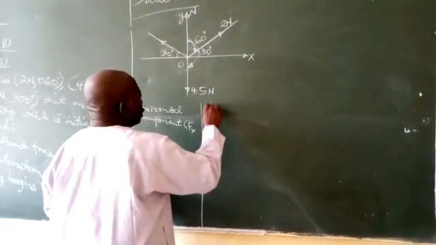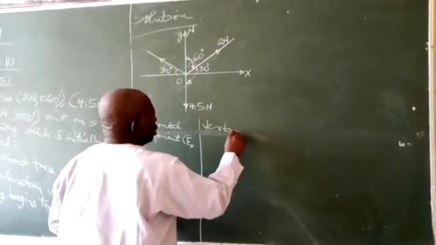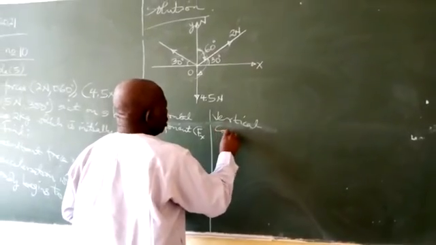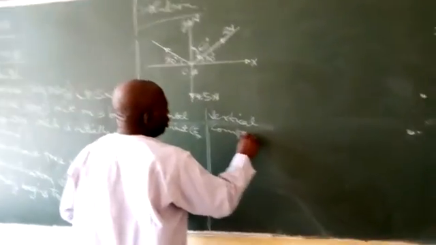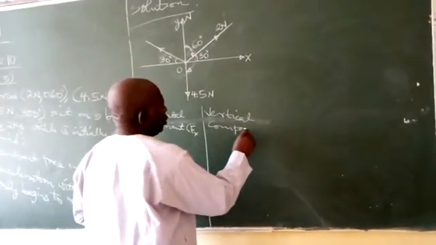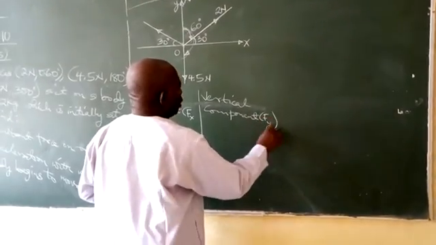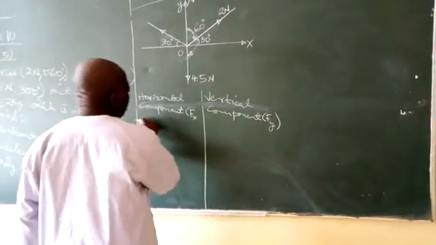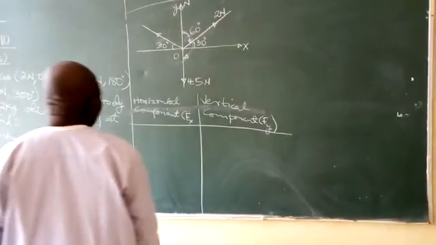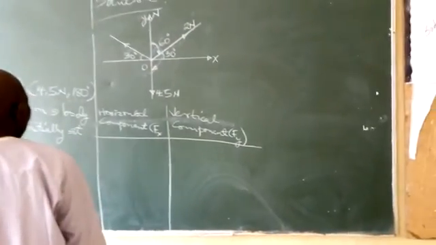Then this will be the vertical component, F sub y. In tabular form, like that.